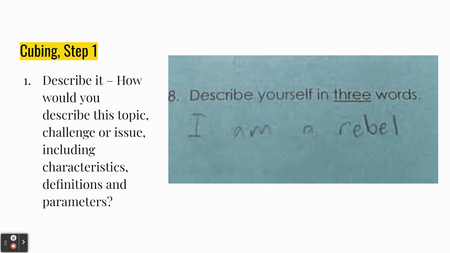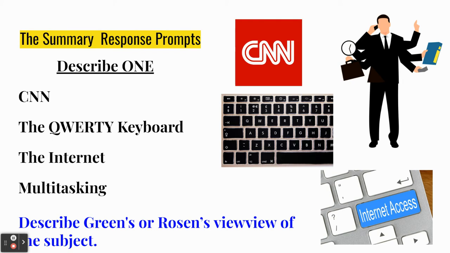For our essay, we're talking about CNN or the QWERTY keyboard or the internet or multitasking. Also, we're talking about an essay with those things involved. So, Green's view of CNN, Green's view of the QWERTY keyboard, Green's view of the internet, Rosen's view of multitasking.